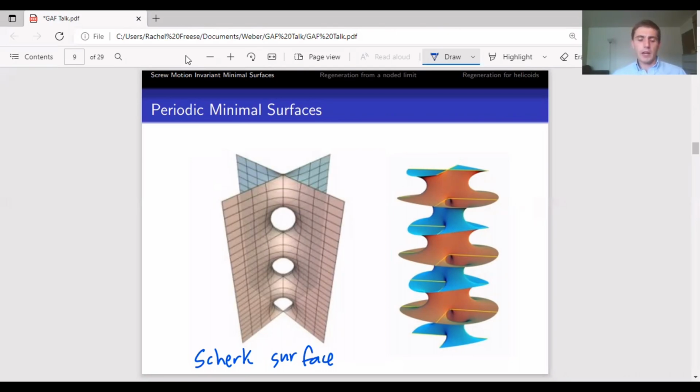So oftentimes the Riemann surface that we look at is going to correspond to a quotient of these surfaces by a certain transformation, in this case a translation, to bring it down to a simpler Riemann surface that will parametrize a fundamental piece of this. So if you do the right quotient for the Scherk surface, you end up with a sphere as well that has 4 punctures.